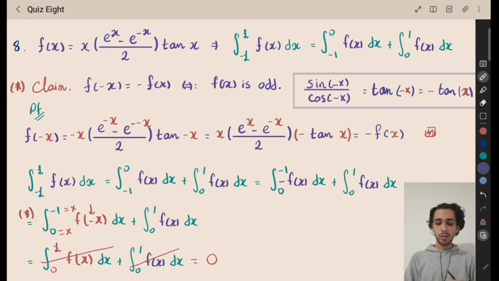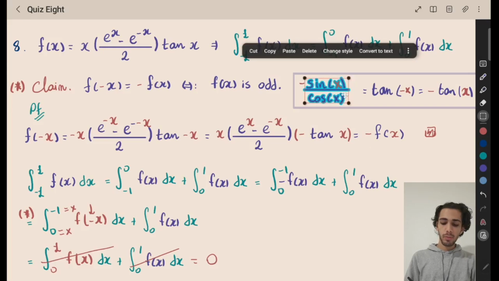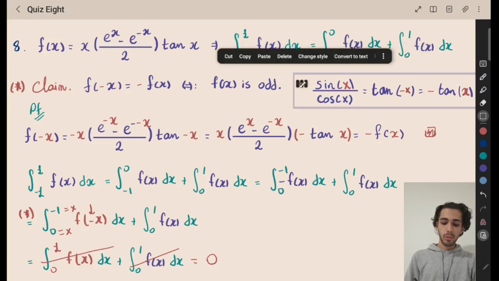And the reality here is that cosine of minus x is even, and sine of minus x is odd. We get something that looks like this. And then if this is true, then clearly the statement is true. And that is how we conclude.